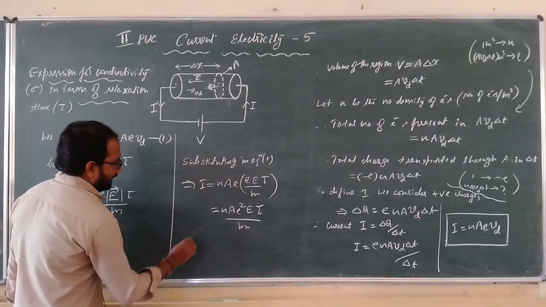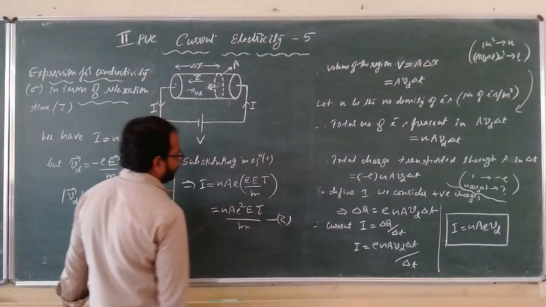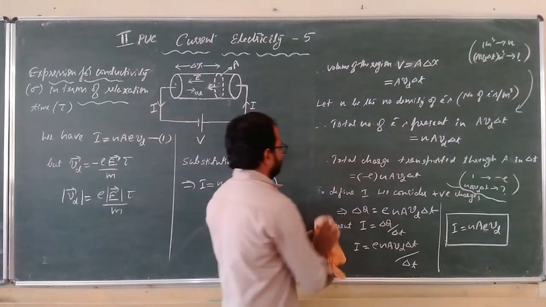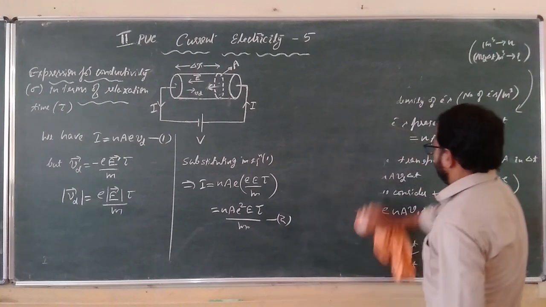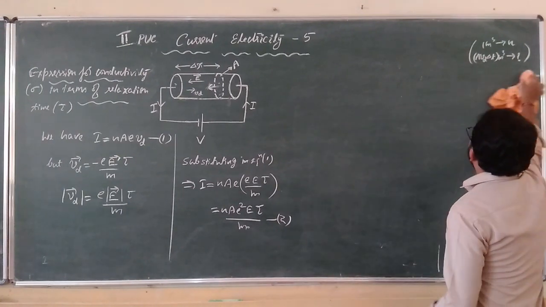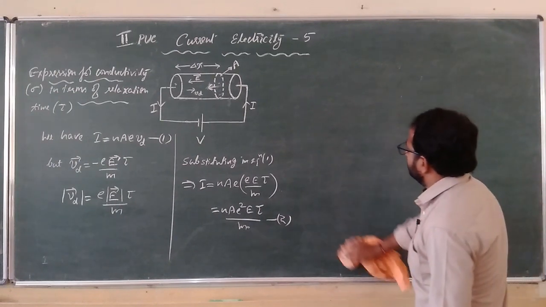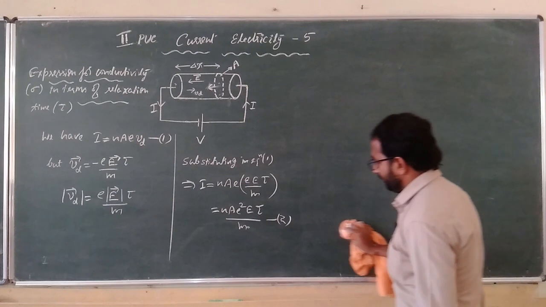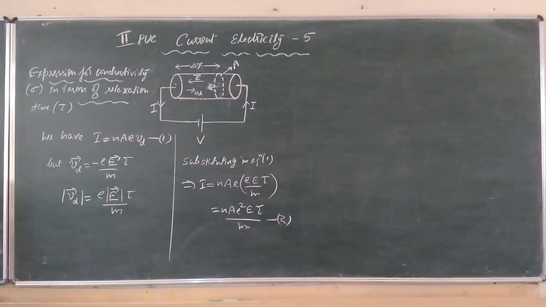Now what is I in terms of current density? Current density is the amount of current flowing per unit cross-sectional area of the conductor, normal to the flow of current.